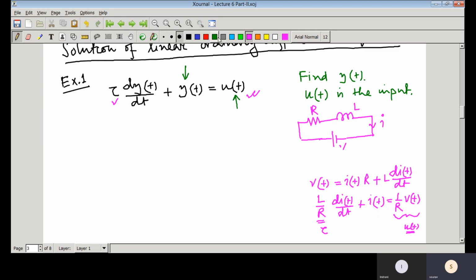And for the time being, I'll be taking u(t) as a unit step. Then what is your first step for finding this solution? Taking the Laplace transform.